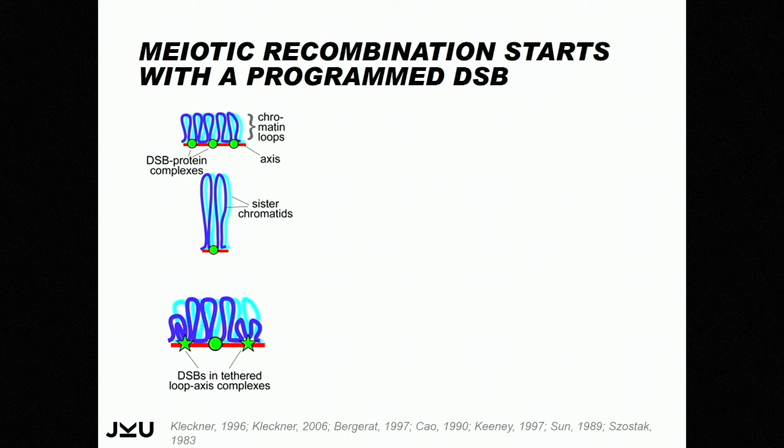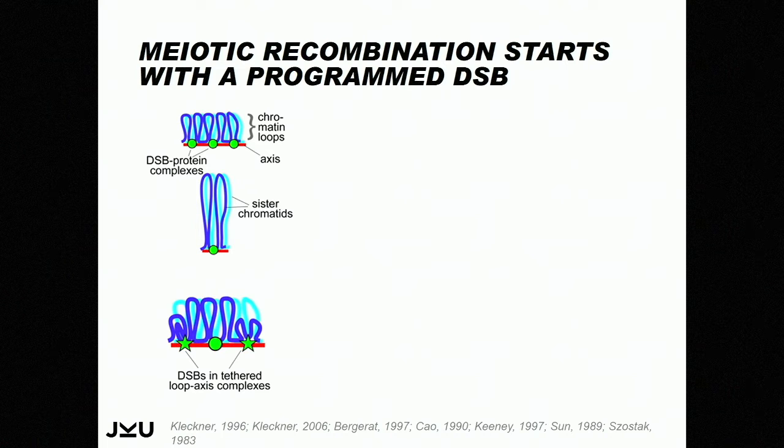We heard a little bit about the control with PRDM9. This also shows the stage of when and how the double-strand breaks are introduced. So we are in prophase 1, the first stage of meiosis, where the DNA is not a soup of spaghetti, as I like to tell my students, but already in a more highly ordered structure where you start seeing these loops and an axis that will then mature into the synaptonemal complex.